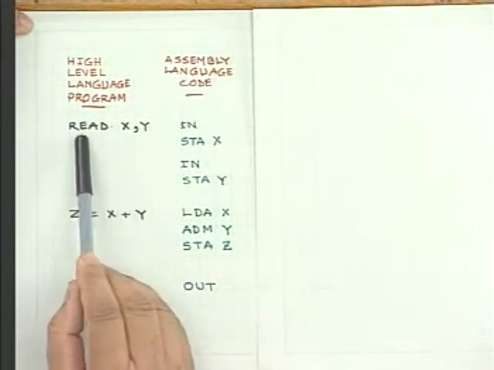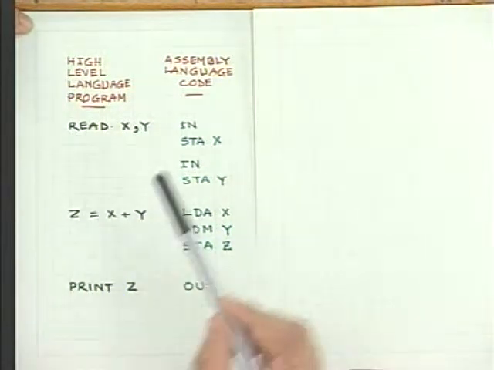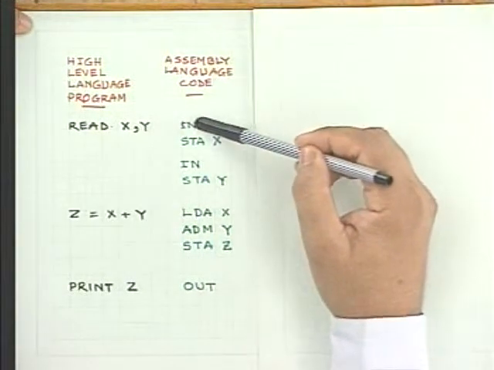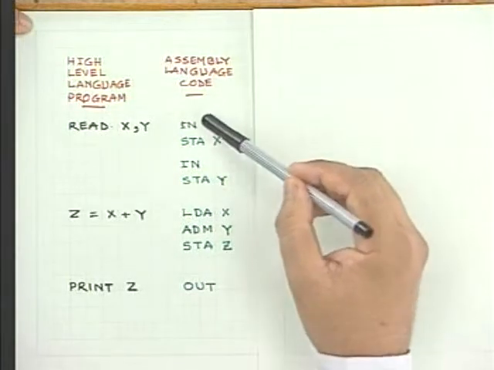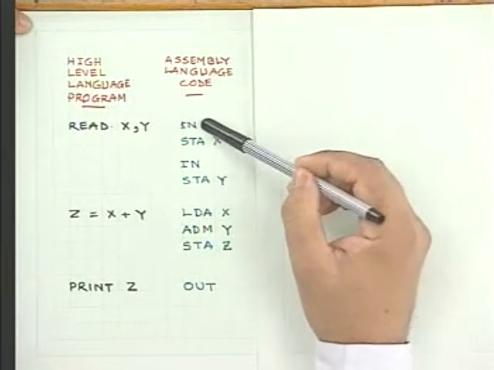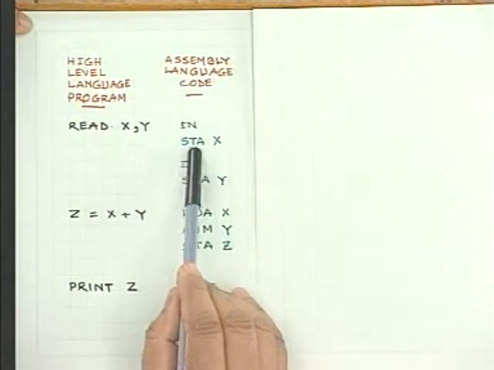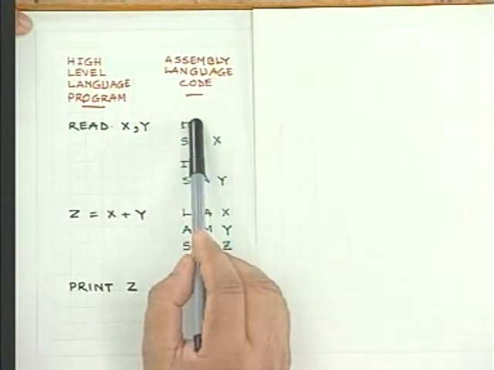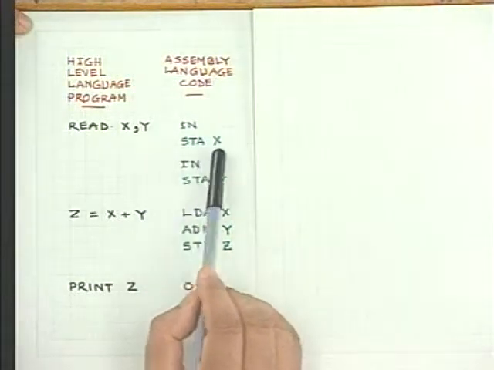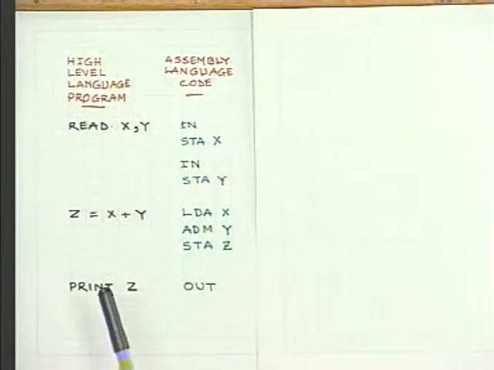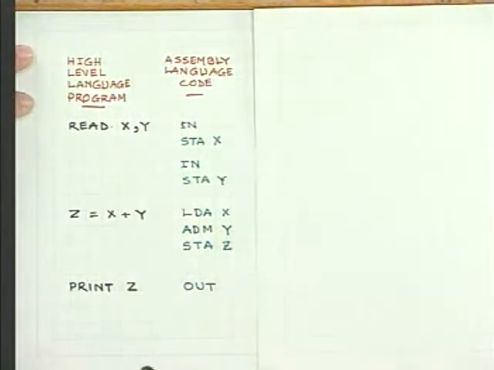Say this read x y will be translated into a statement which will mean that it will be inputting from some standard input device, and then store accumulator x, that means whatever has been inputted will be stored into the memory location x. Now, I have assumed here that I am talking of a computer which is accumulator based.